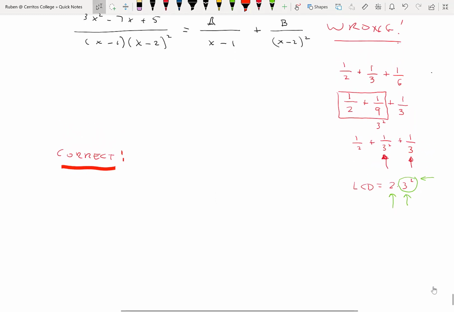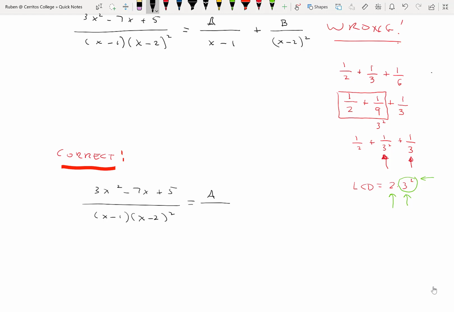In this particular problem, we have 3x squared minus 7x plus 5 over x minus 1 times x minus 2 squared. And what we do is we assume that the partial fractions decomposition comes from a fraction with x minus 1 in the denominator, and every power leading up to the highest power of x minus 2.